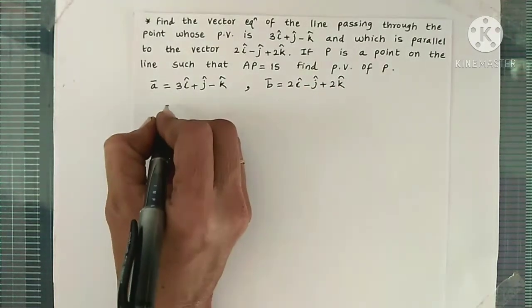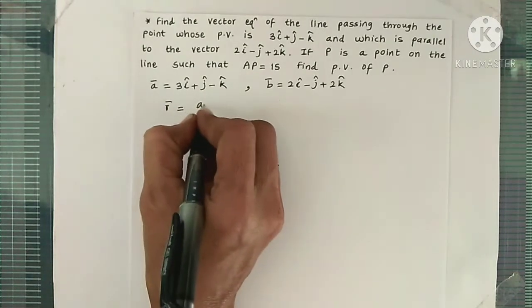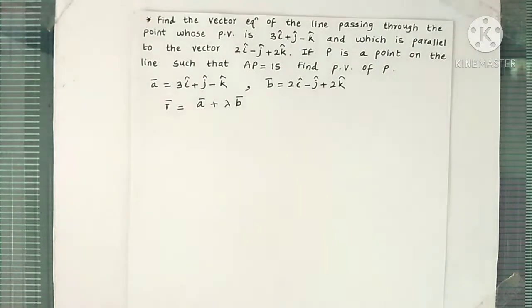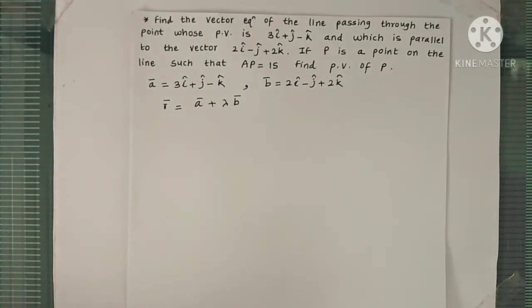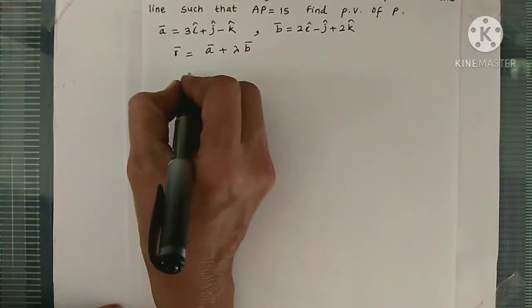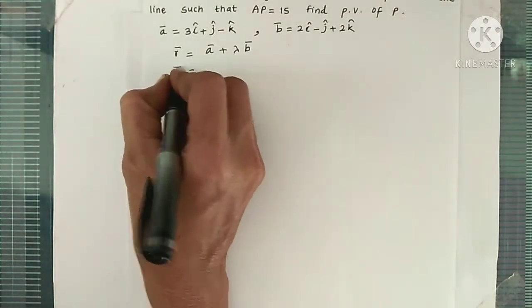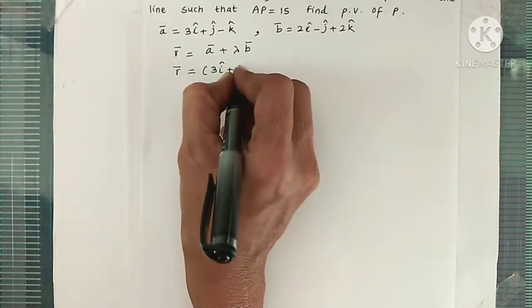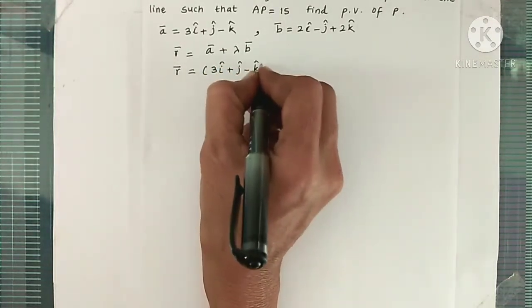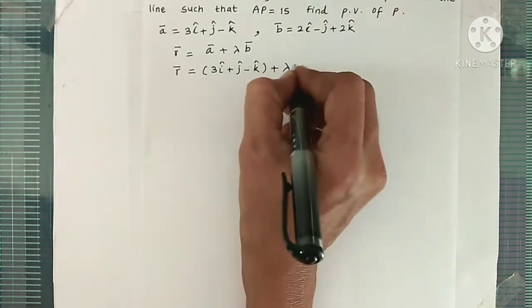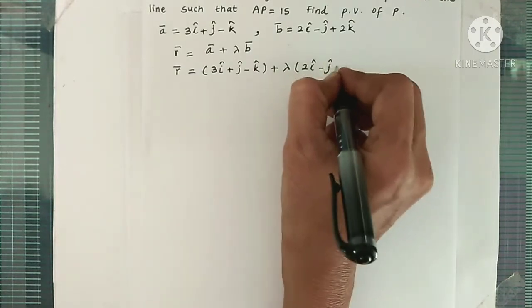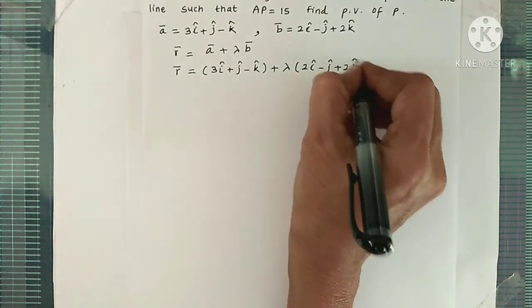So the vector equation of the line is r bar equal to A bar plus lambda B bar. Let's substitute A bar and B bar in the equation. The equation becomes r bar equal to A bar, that is 3i cap plus j cap minus k cap, plus lambda into B bar, 2i cap minus j cap plus 2k cap.